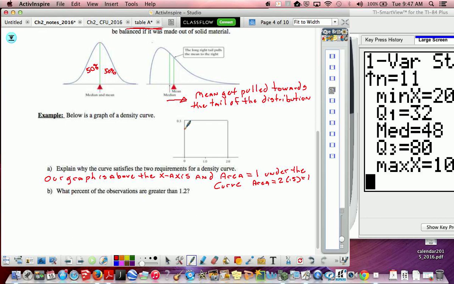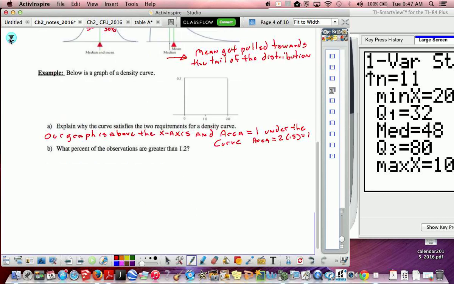It says, what percent of the observations are greater than 1.2? I apologize, and we'll move this up a little bit because I think there's more questions. Oh, did C and D go on the next page? Yeah. I apologize about that. We'll make that correction. So it says, what part of the observations are greater than 1.2? This is where you're finding an interval.